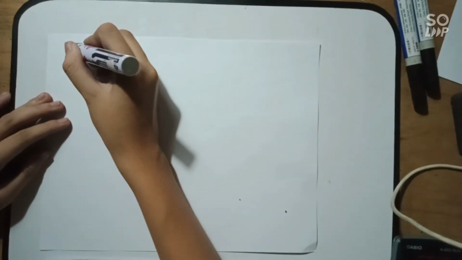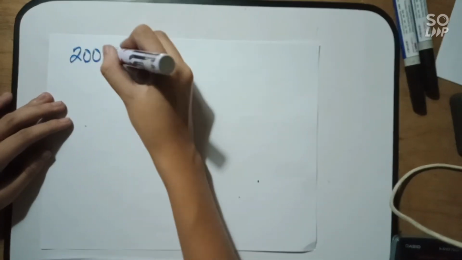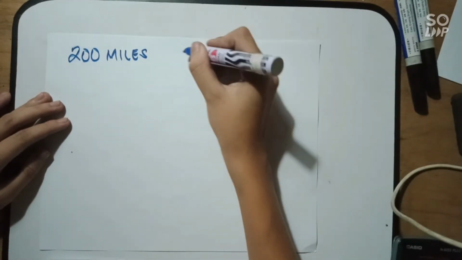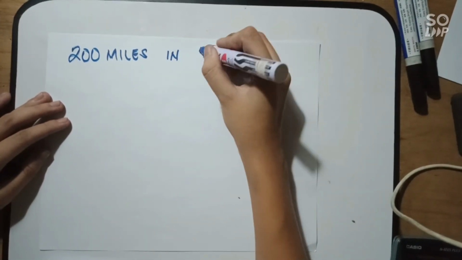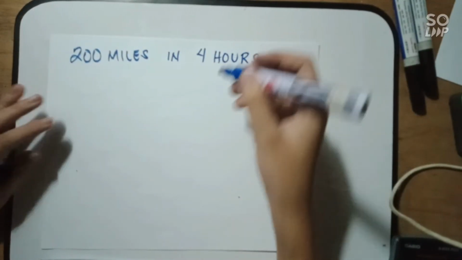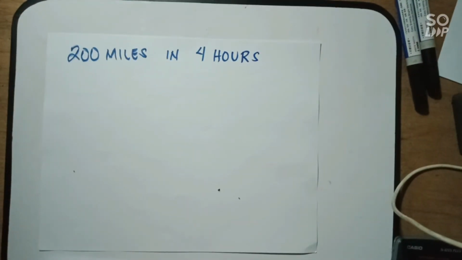So if Shu drives 200 miles in 4 hours at a steady pace, let's determine the rate of her car.